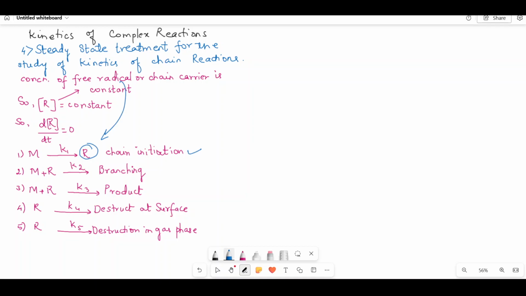In the second reaction, R undergoes an elementary process with the production of more than one radical.